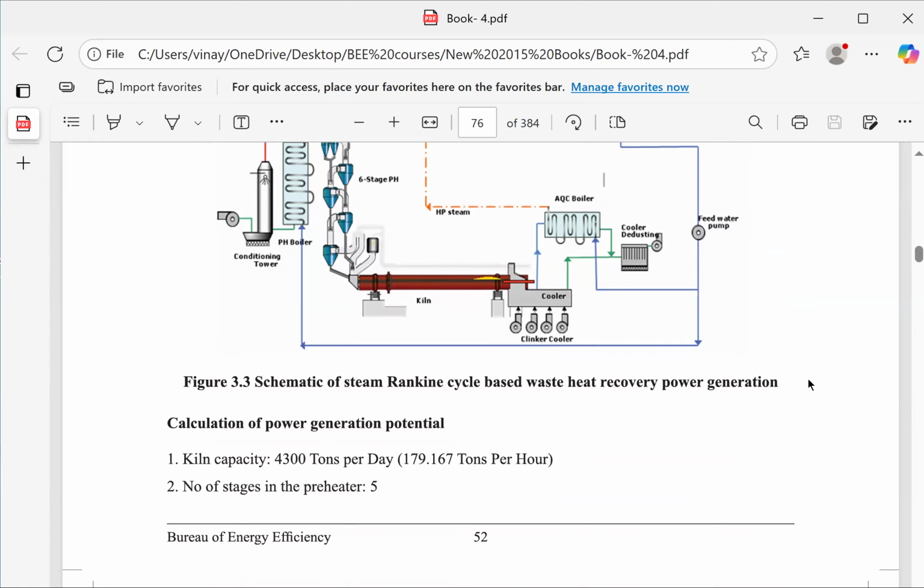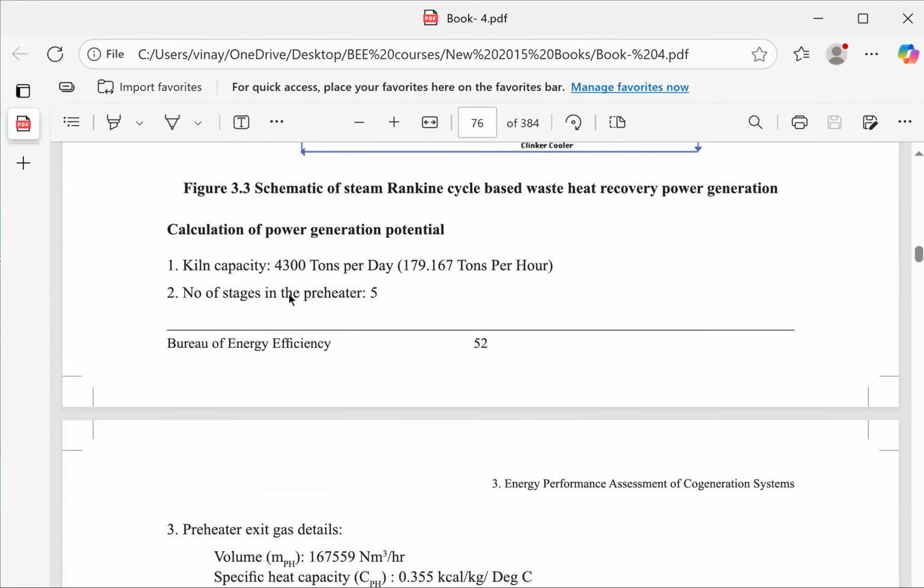What you have to remember is these are all heat recovery methods to improve the overall efficiency. How gainfully can you utilize the entire heat supplied by the fuel, right? Then what are the calculation formulas? Calculation of power generation potential.